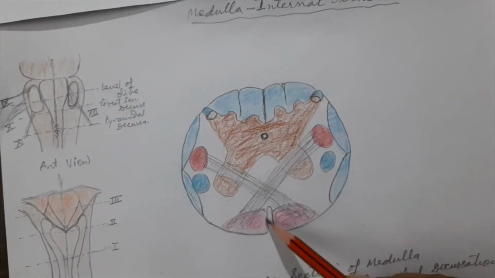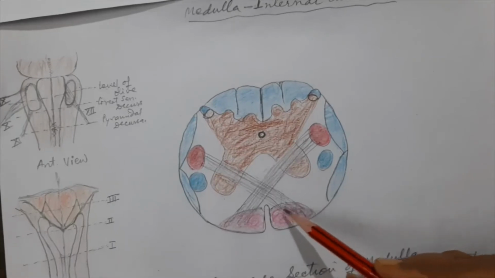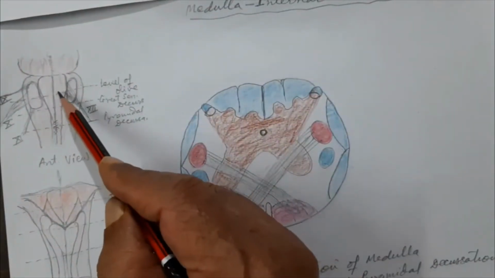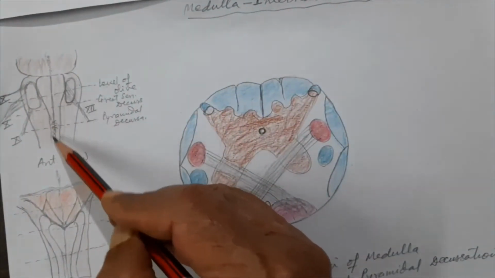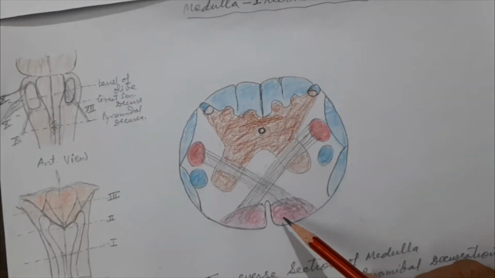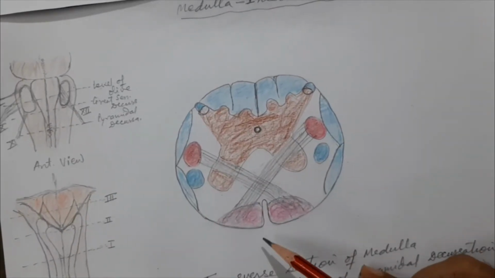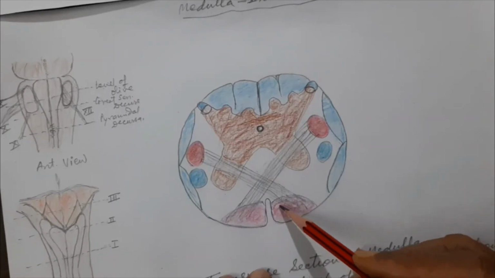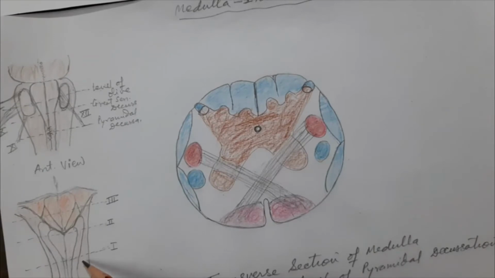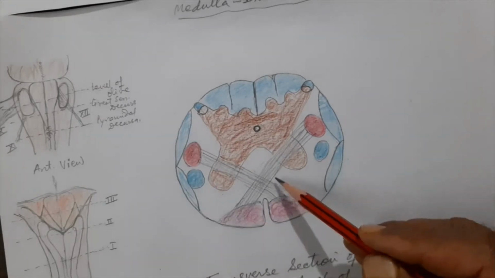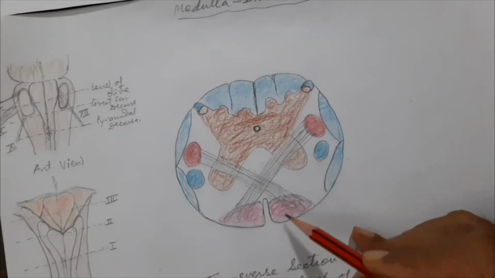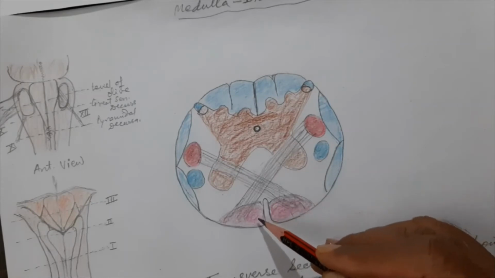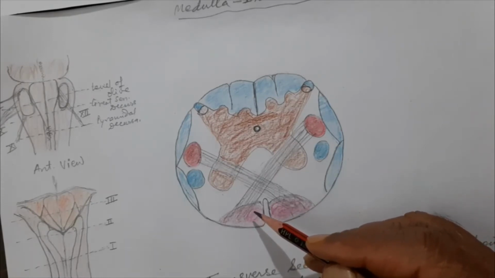Now this was the area of the pyramid. See, in this medulla, this is the pyramid, and this area of the pyramid means corticospinal motor fibers. As they run to the closed part of the medulla at the level of the pyramidal decussation, most of the fibers running downward in the pyramids cross to the opposite side.